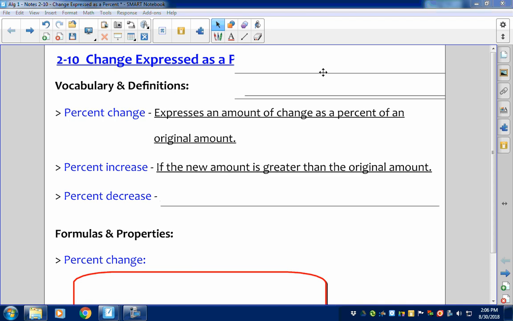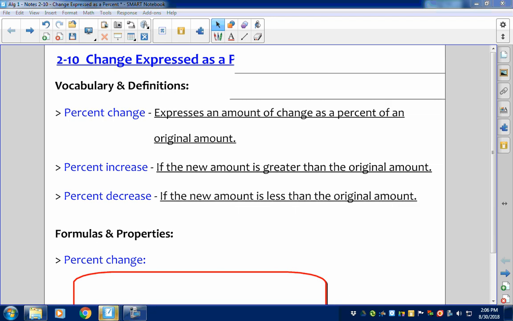So if the new amount is greater than the old amount, it's an increase. A percent decrease would be if the new amount is less than the original amount.